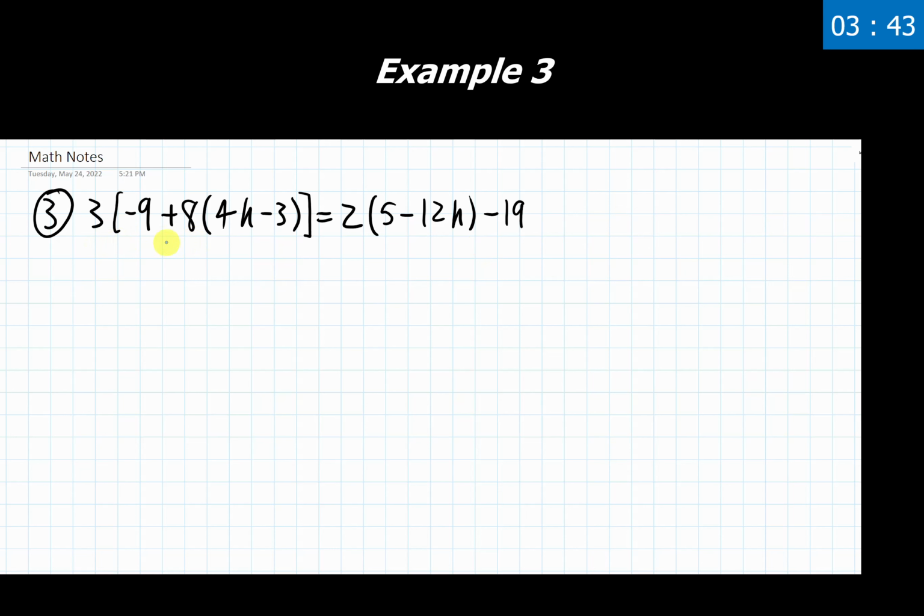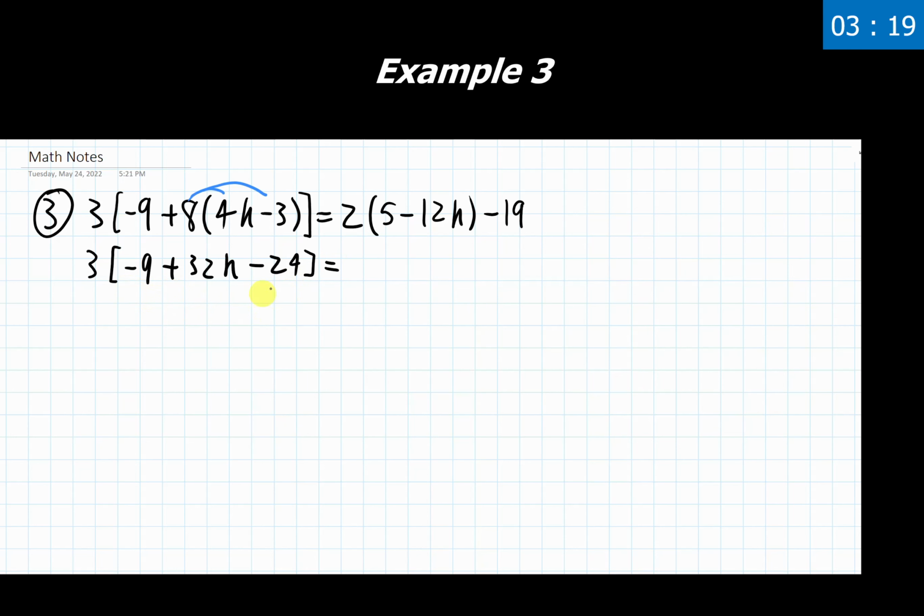So I have inside this set of brackets a set of parentheses, and the 8 is multiplying to those. So I'm going to have this 8 distribute through to everything inside those parentheses. I'm not changing anything else, so everything else around it is going to stay the exact same. I'm then combining like terms where I can inside of this set of parentheses.